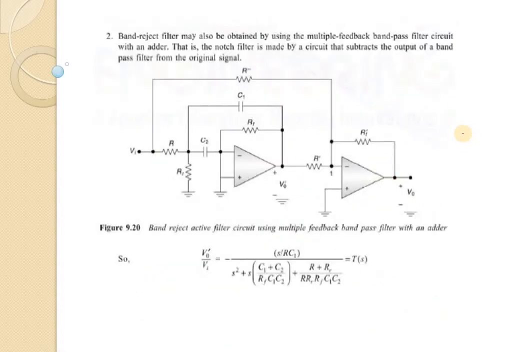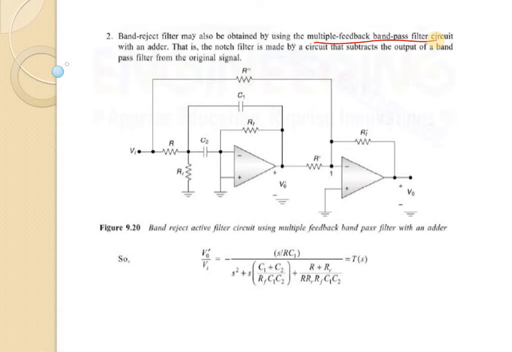Secondly, the band reject filter may also be obtained by using a multiple feedback band pass filter circuit with an adder. That means we can design the band reject filter in two ways. One way is connecting a high pass filter and a low pass filter through an adder.